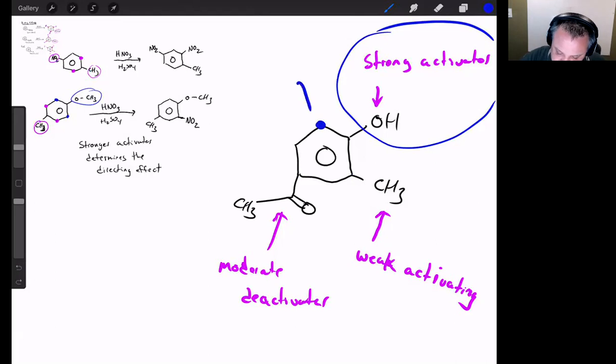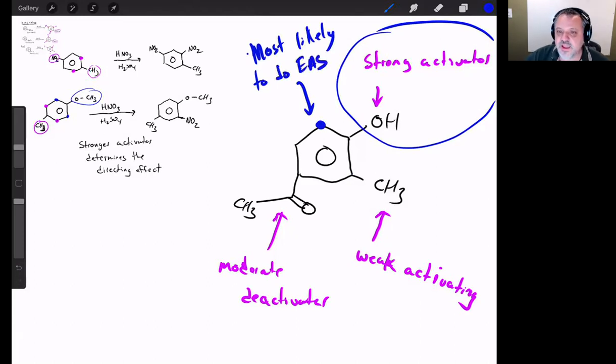So it looks like this is the spot that is most likely to do electrophilic aromatic substitution.